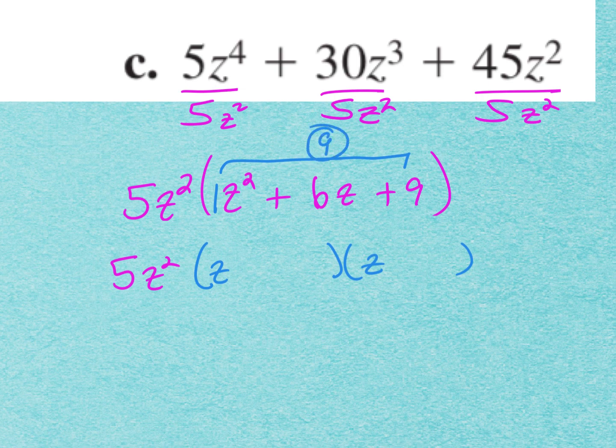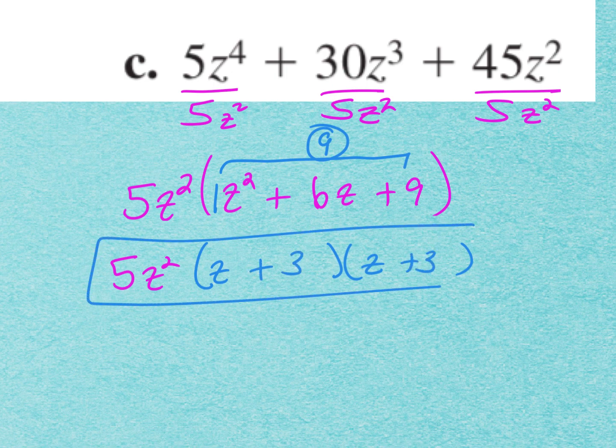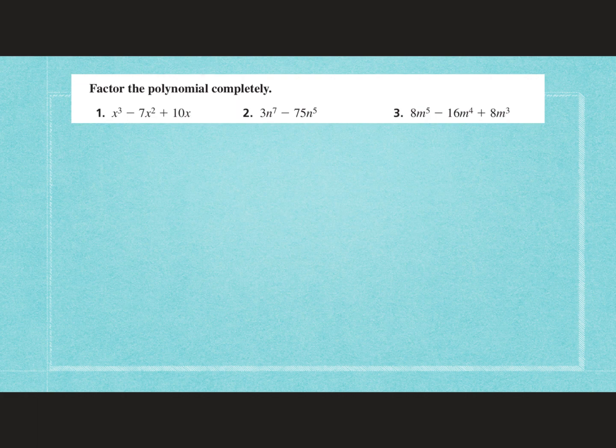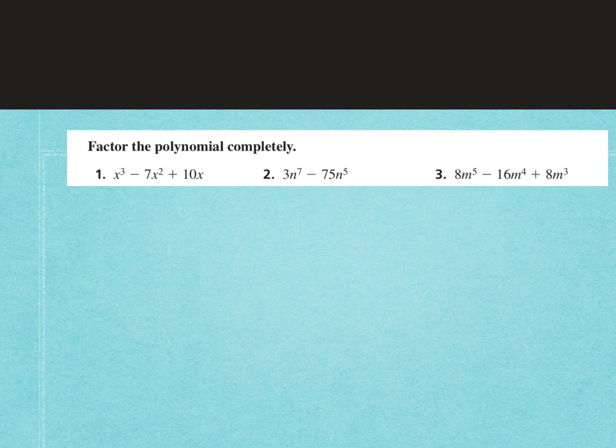That's my magic number. What are the factors of 9 that could multiply to give me a positive 9, but when I add them together, I get 6? 3 and 3, perfect. Good. There you go. I think you guys actually did watch the videos. Nice. Makes life easier.